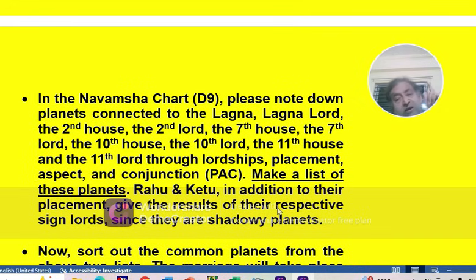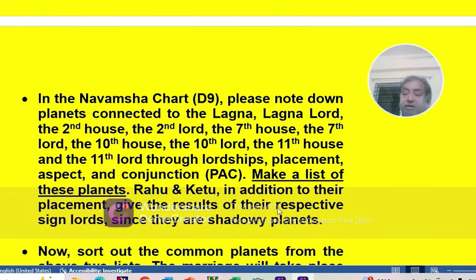First you would make a list from the birth chart. First you will be making a list of the planets connected to the 7th house and the 7th lord in the birth chart. You can mark this list of this planet as A or something like that as per your convenience.